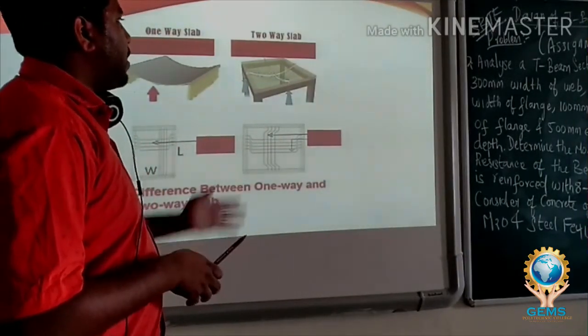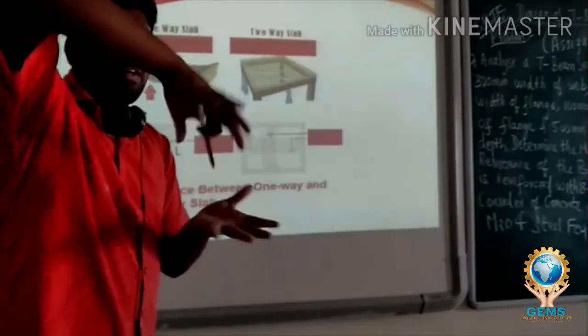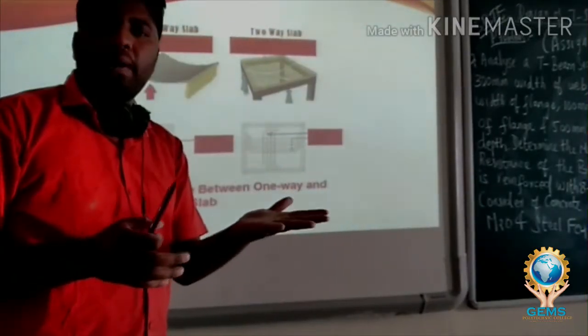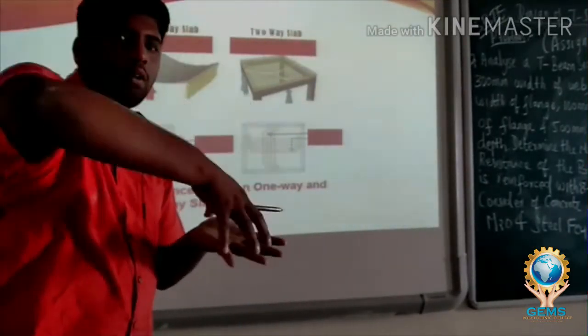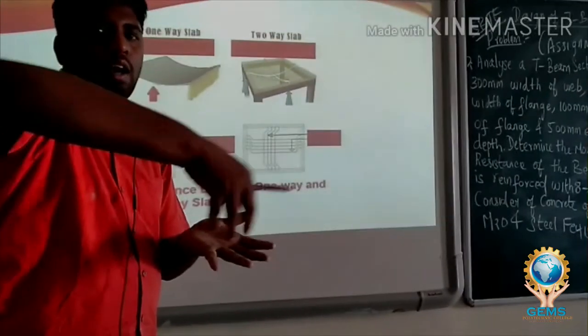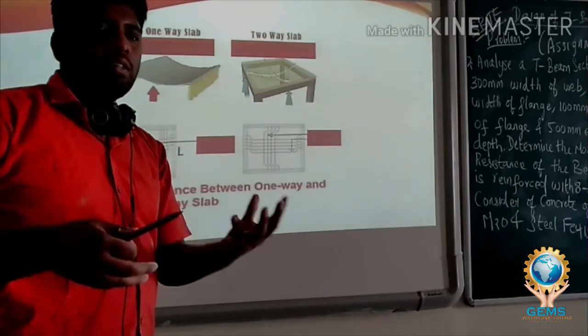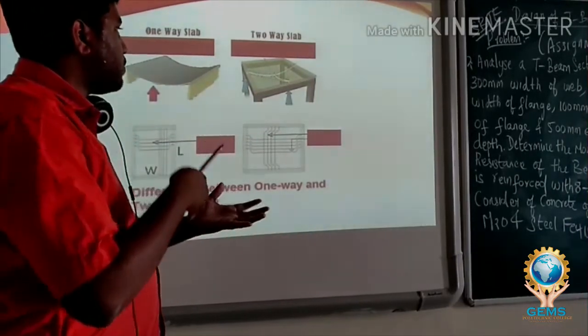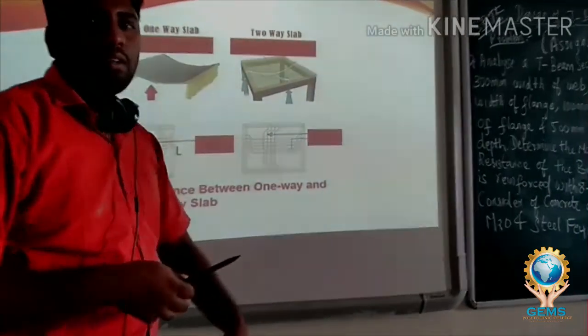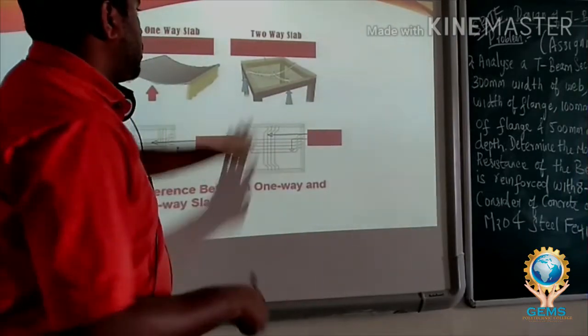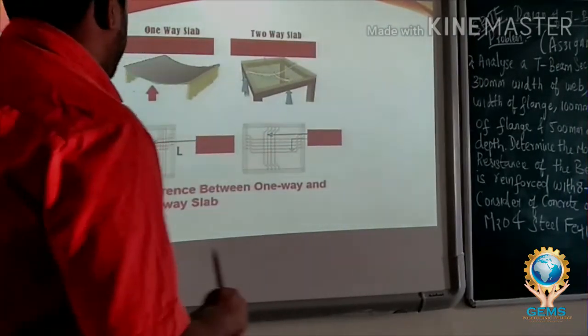So it will look like this, like a plate, like a dish. Have you seen a plate? It will be round and in the center, it will have some depression. It will have some depression.